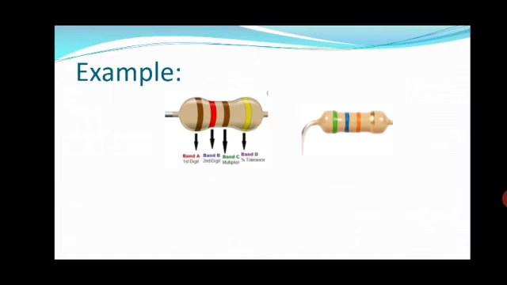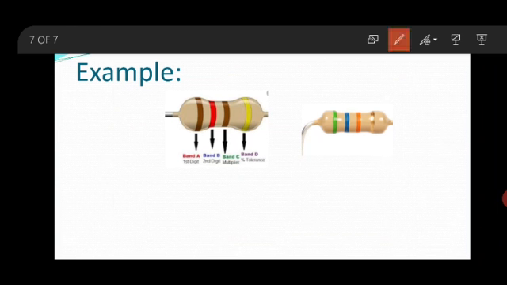Now I'll come to the example part. Let me take an example and calculate its value. Which colors can you see? How many circles are there on the body?